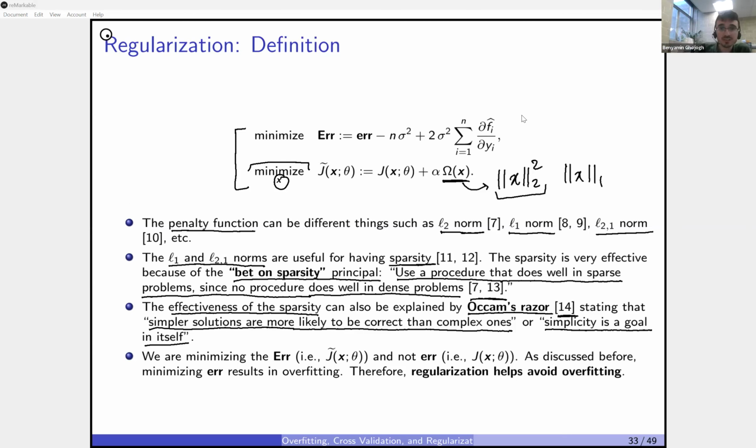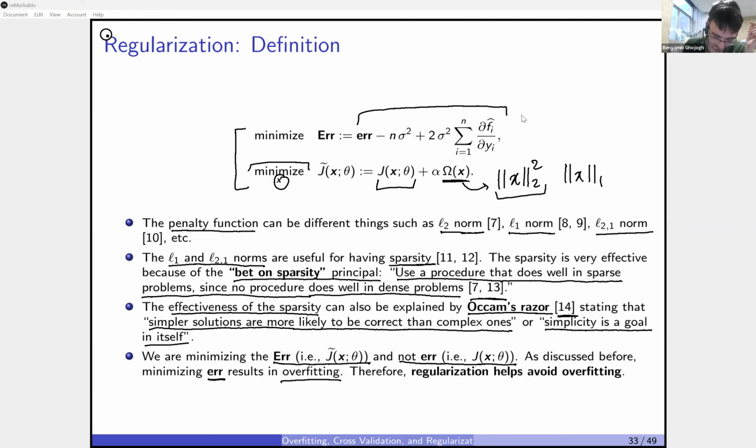So we are minimizing the true error, J tilde, and not the empirical error, J. We are minimizing the whole thing, right? As discussed before, minimizing the empirical error results in overfitting. That's why we don't minimize just the cost function. We regularize it by complexity because we don't want to overfit.